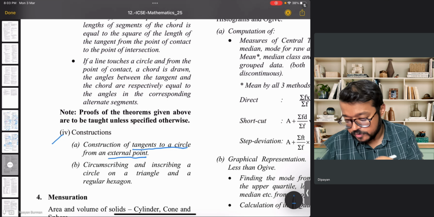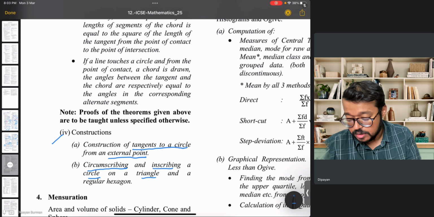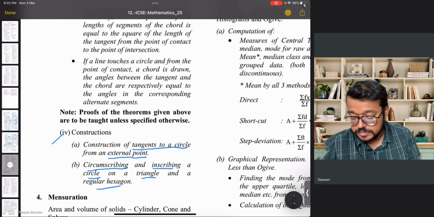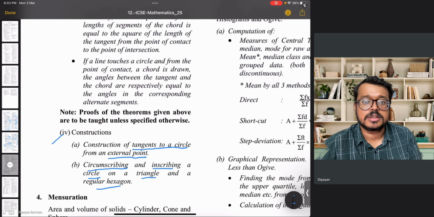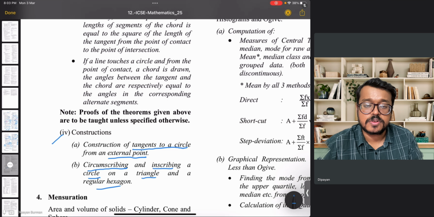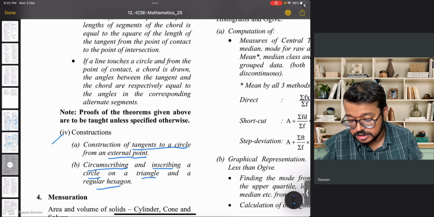Then you can have a question on drawing a circumcircle or incircle, which is also known as circumscribing and inscribing circle, for a triangle or a regular hexagon. So again, the steps are very specific. Just follow the steps and do the construction.